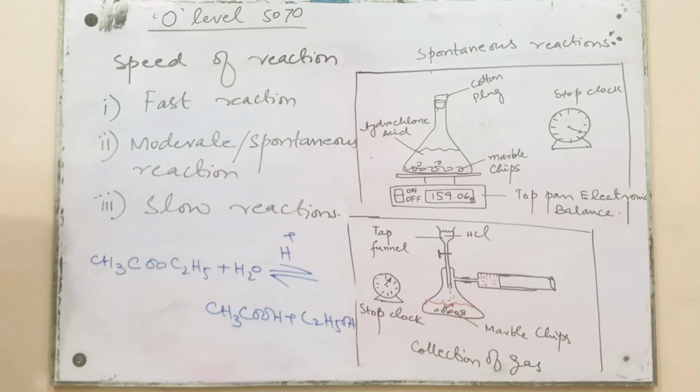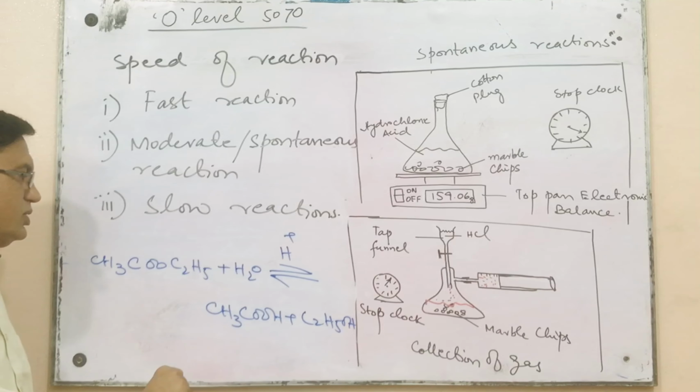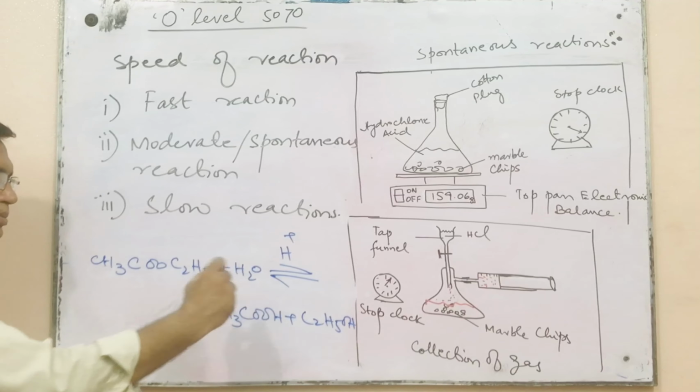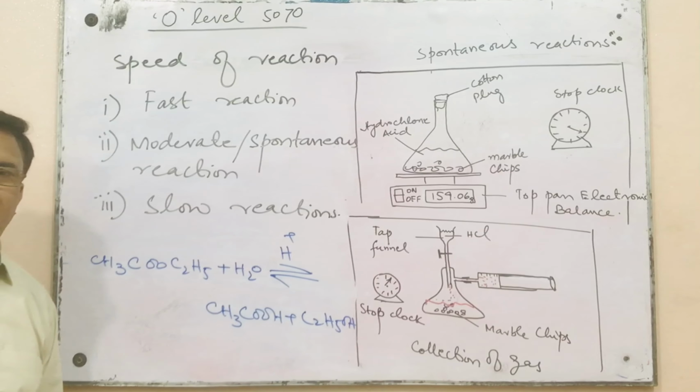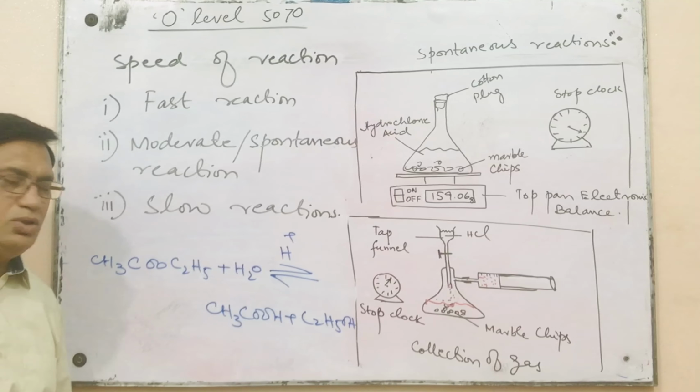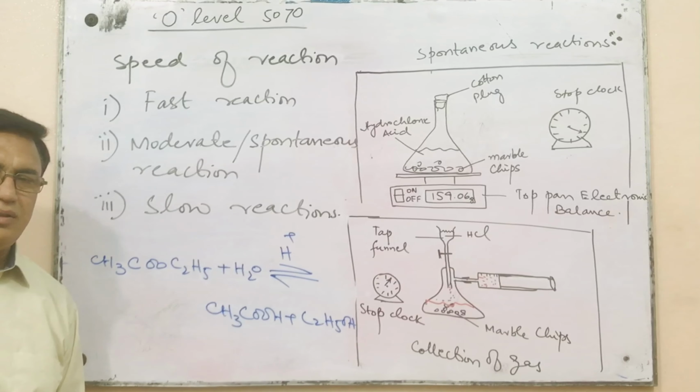We can also decrease the speed of this hydrolysis reaction using very low temperature, putting some ice into the reaction mixture, and then taking a sample and titrating the acid produced against standard alkaline solution, calculating the concentration of the acid produced.